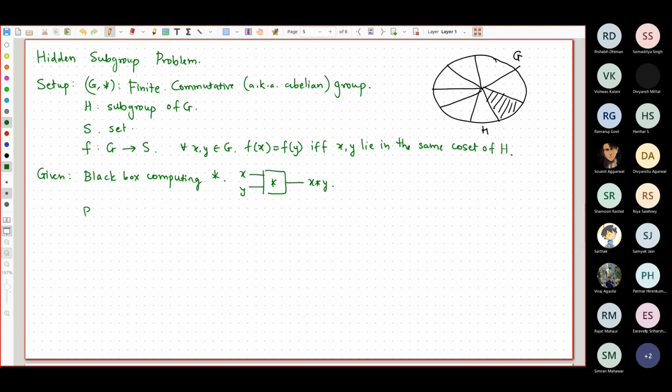And similarly you have a black box computing f, which means you feed in a group element x, out comes f(x). So these two black boxes are given to you. Now you need to execute queries on these black boxes, and your goal is to find this hidden subgroup H.